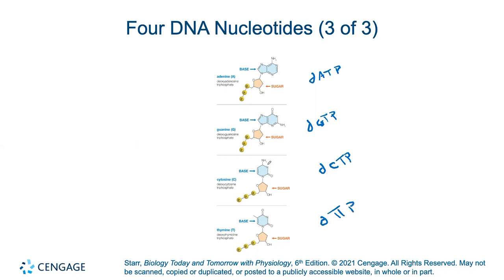The energy is already built into each of these building blocks because they each have 3 negatively charged phosphate groups attached to them. Remember that these have negative charges, and so the covalent bonds that hold them together are very, very powerful. And so when those are split, the energy that comes out is used to build the DNA.